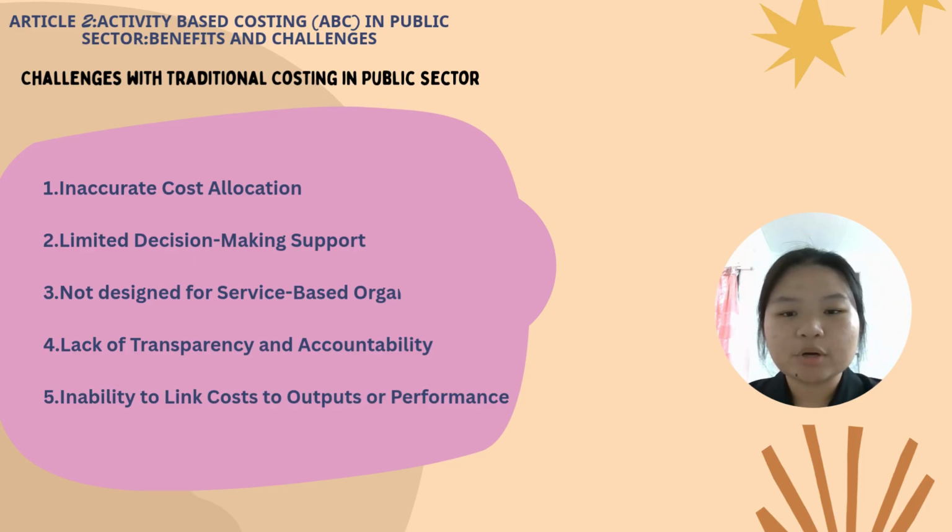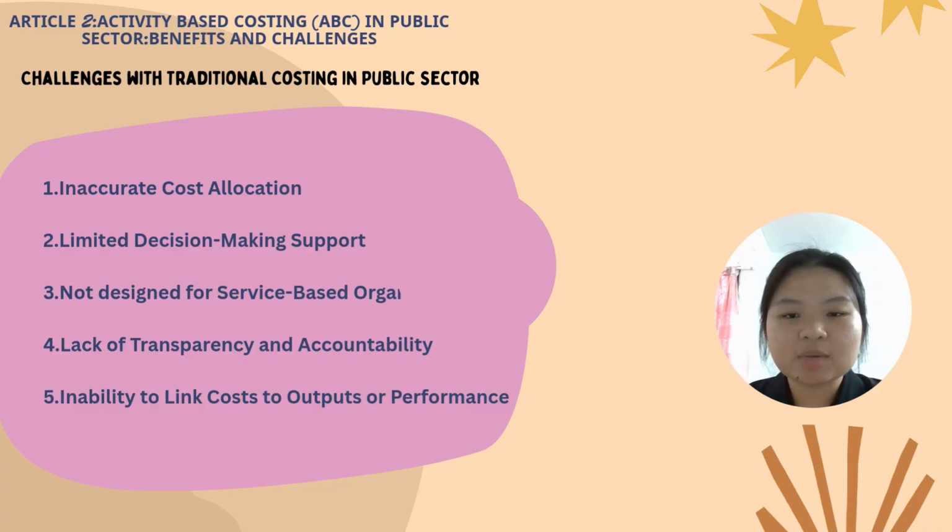Okay, now we're going to talk about the challenges of traditional costing in the public sector. The first one is inaccurate cost allocation. Traditional costing uses a broad average to calculate overhead costs, which often leads to inaccurate service cost estimates.